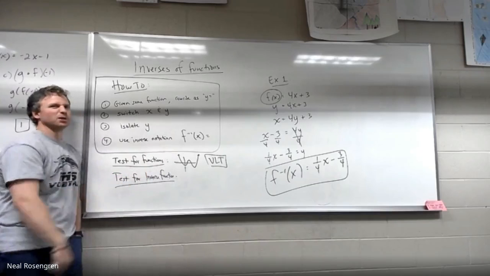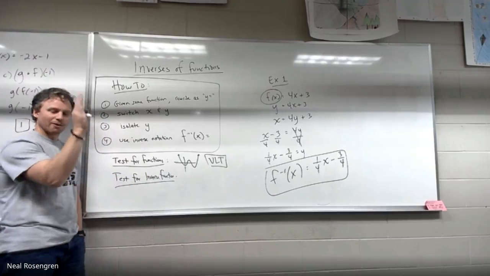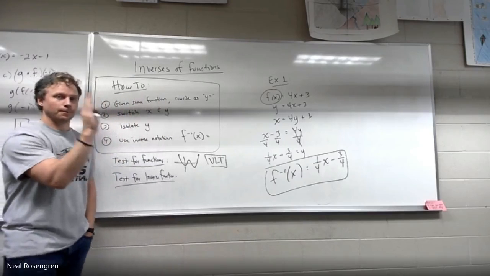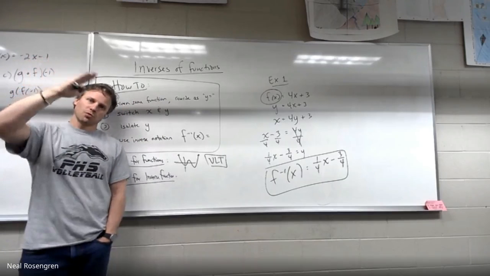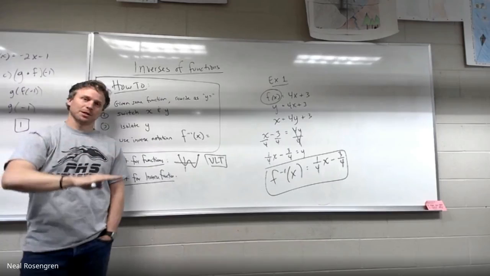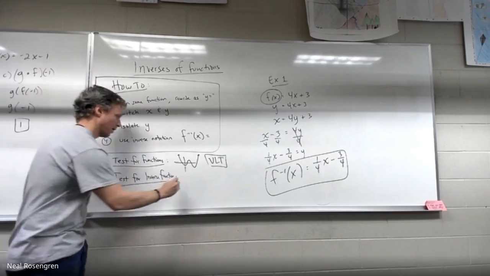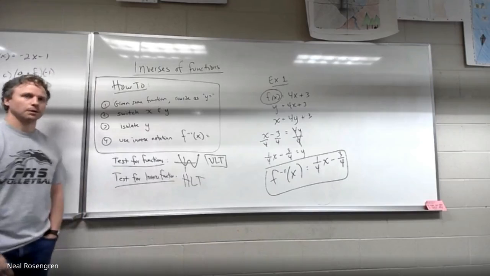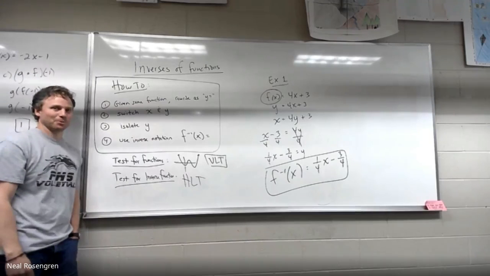So that's what I'm going to do here. Instead of taking a vertical line and passing it through all of the x values, I'm going to take a horizontal line and pass it through all the y values. I'm going to do the horizontal line test and check to see what happens.